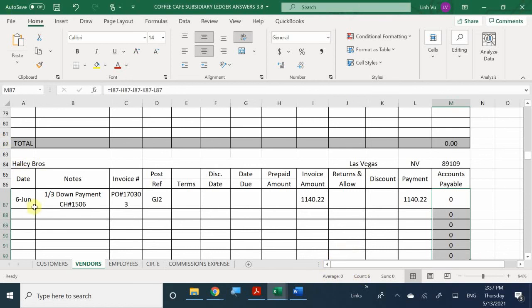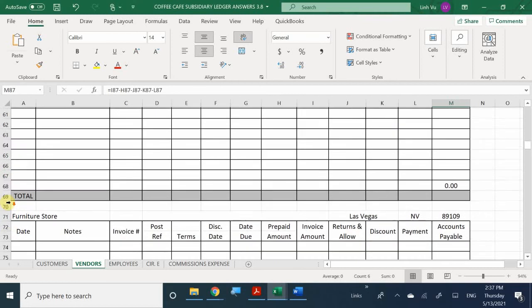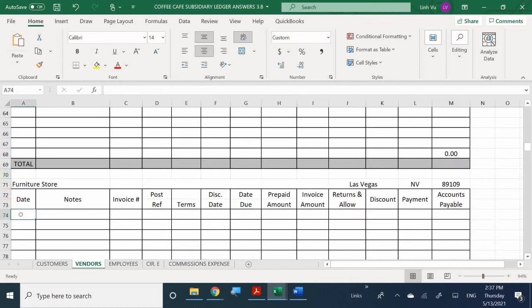We have an account with furniture store. So furniture store, here we are, right above Haley. Dates the 6th. Now this is where you could put any information on here. The only thing is we haven't received a bill yet, but we never made a payment either.